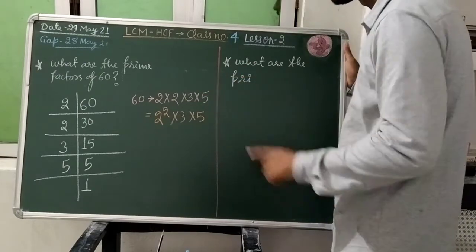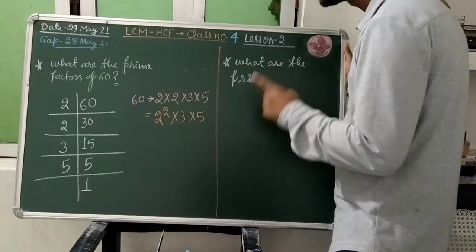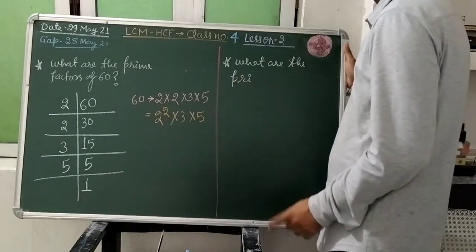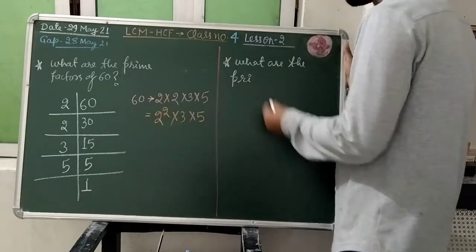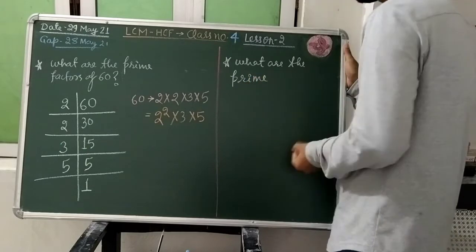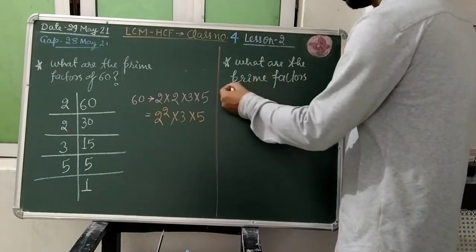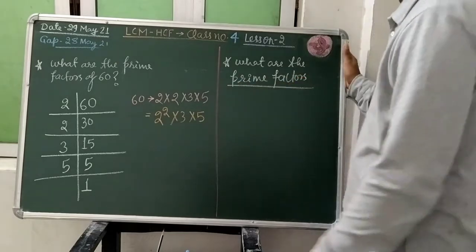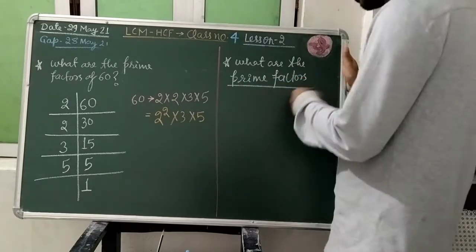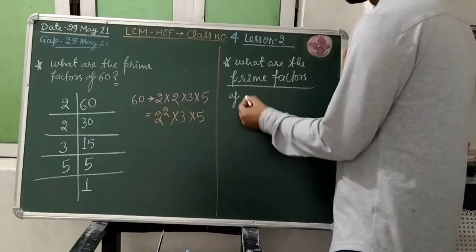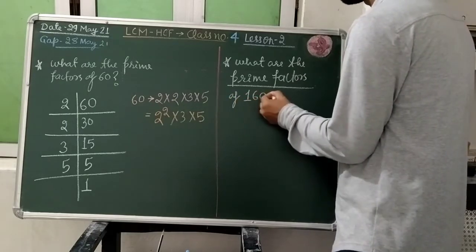We are not talking about the factors, we are talking about the prime factors, and for finding the prime factors we shall apply this rule. So, prime factors. Okay. So, what are the prime factors of 160? Suppose we are talking.